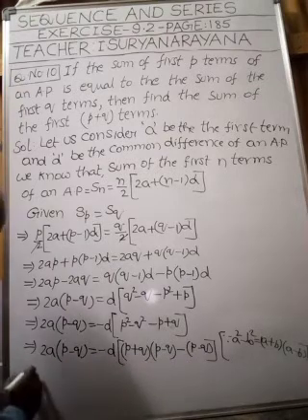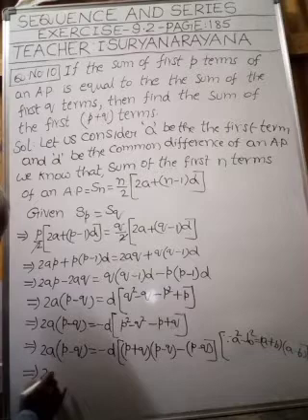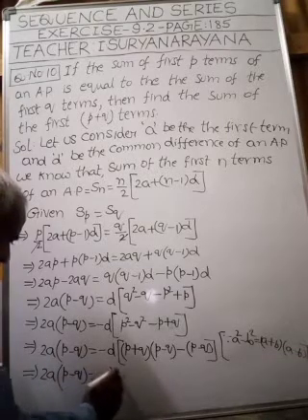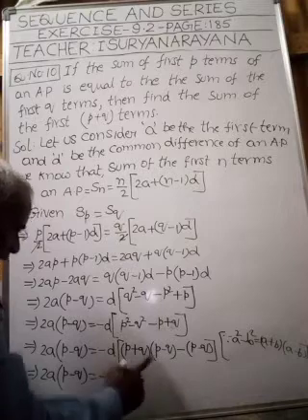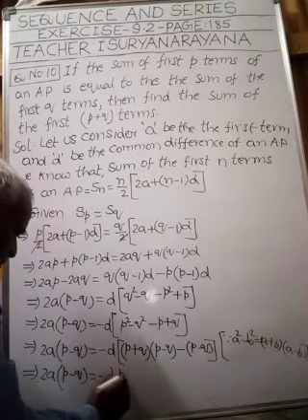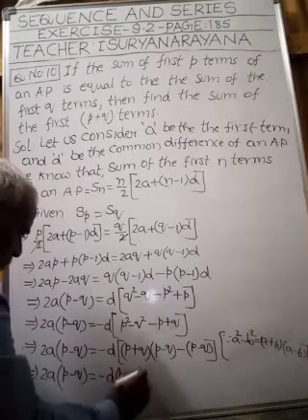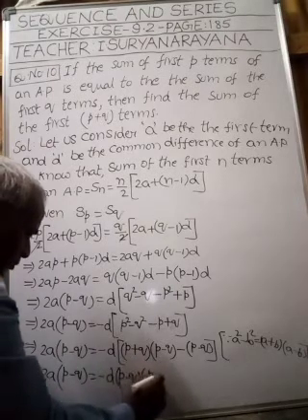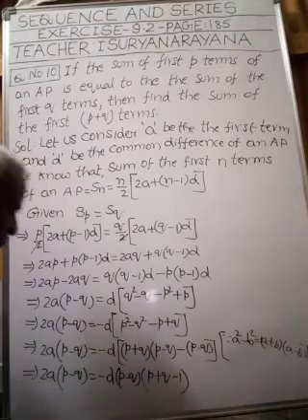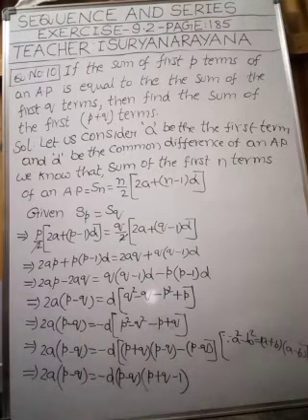Right. This implies 2a into p minus q is equal to minus d into, let us take common factor p minus q. p minus q into what will we get? p plus q, p plus q minus 1. Yes or no, my children?